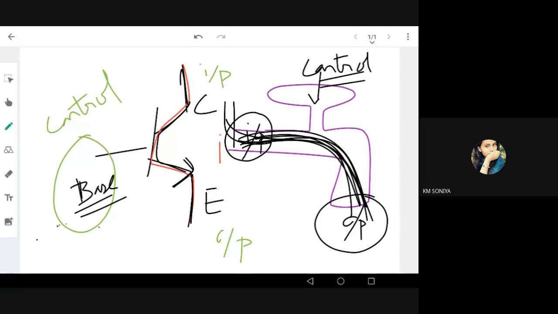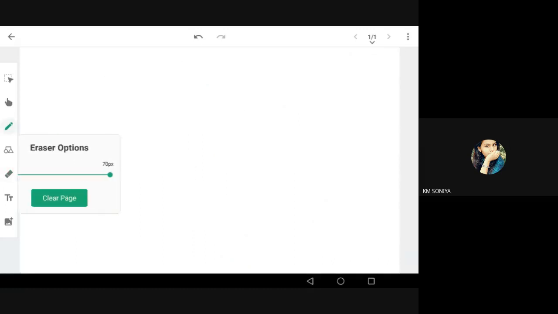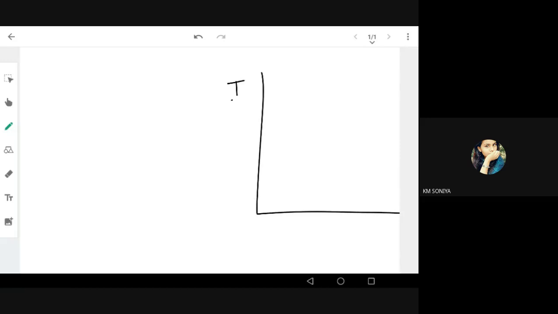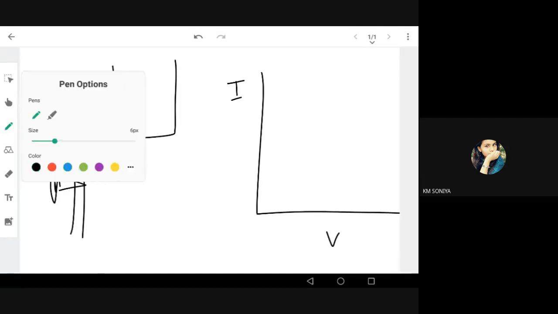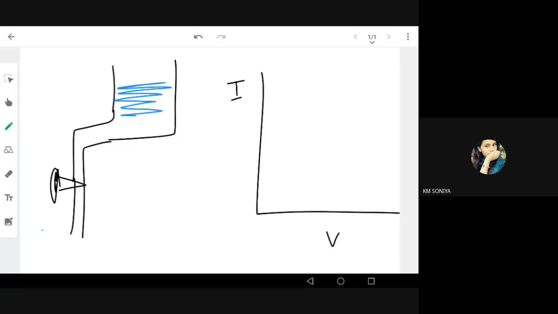If we draw the graph also, you can see there's a graph of current versus voltage, something like this. Now we have a tank also, and I put some kind of controlling valve in this tank. There is some water which is trying to flow from the tank to the bottom.